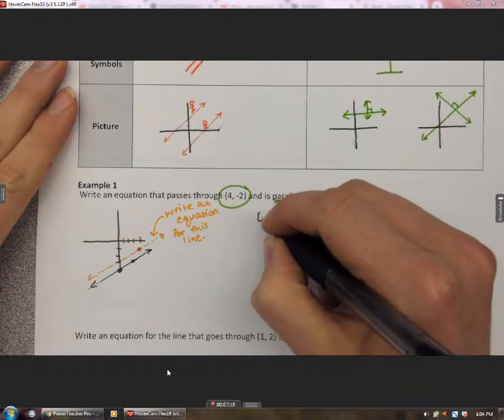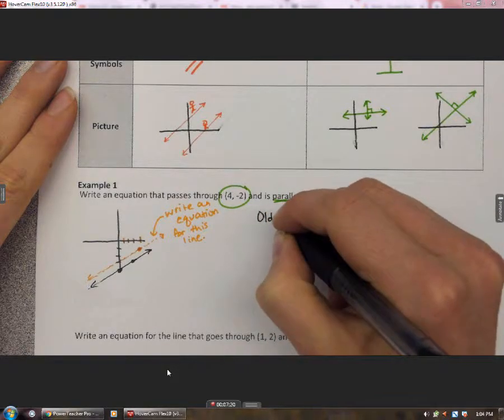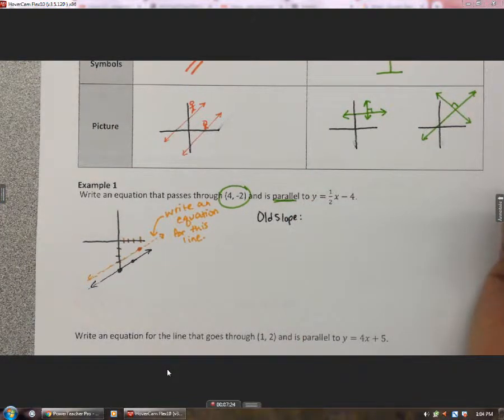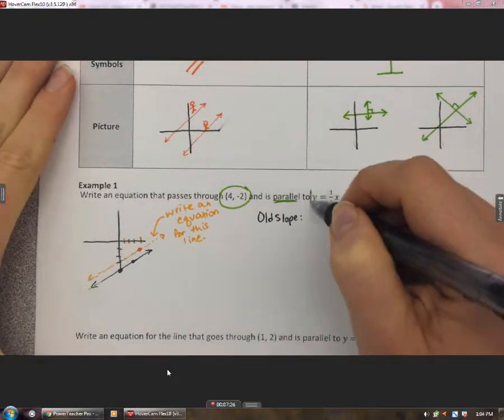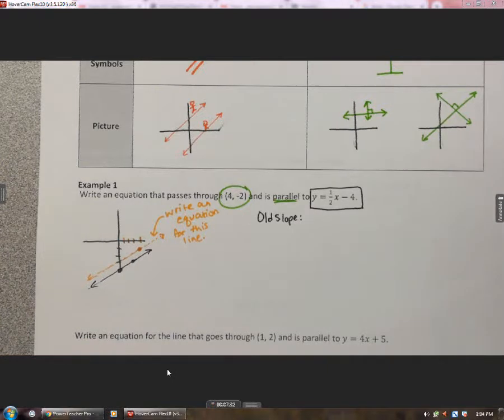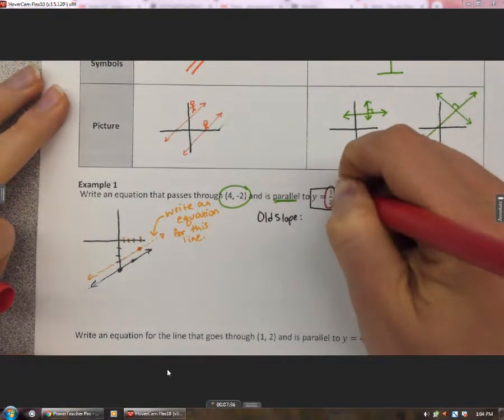So I like to do it like this. I like to do the old slope, or the first slope, the original slope. I am going to use this equation right here for one thing and one thing only. After I get my one thing, I'm going to get rid of it because I don't need anything else from it. I only need the slope.